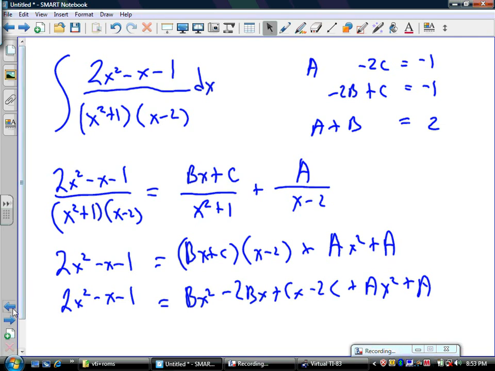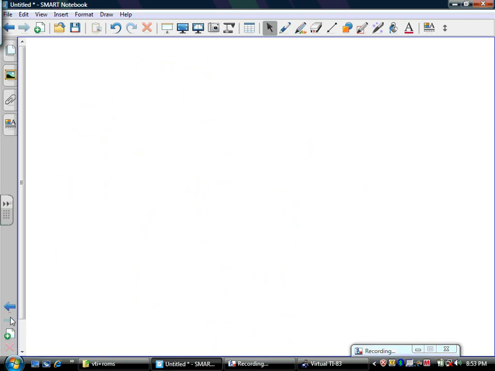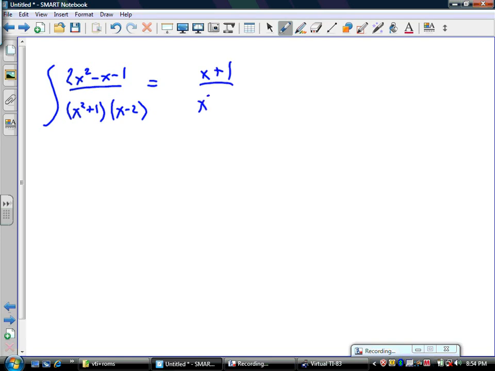Okay. So let's rewrite the problem. What were we doing? We were doing the integral of 2x squared minus x minus 1 over x squared plus 1 times x minus 2 equals, now remember we said bx plus c was 1x plus 1 over x squared plus 1, right?